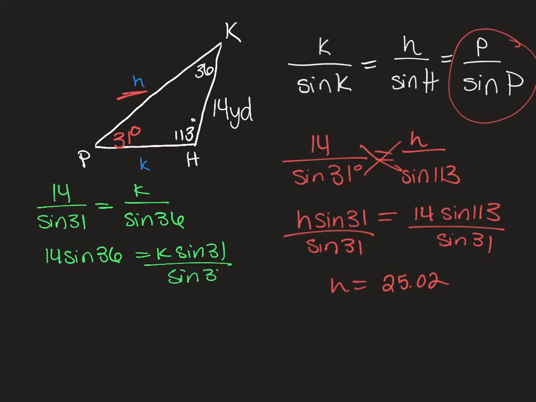Divide by sine of 31. So then 14 sine 36 divided by the sine of 31 is going to give you 15.97. Or well, 15.98 when you round it up, right? So roughly 16.